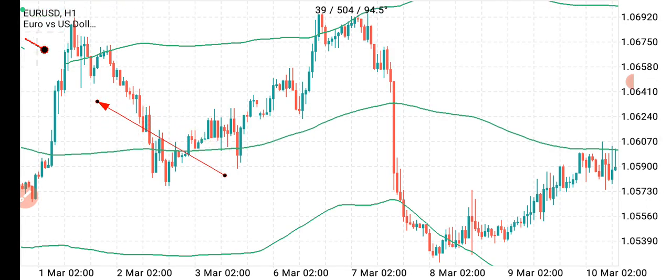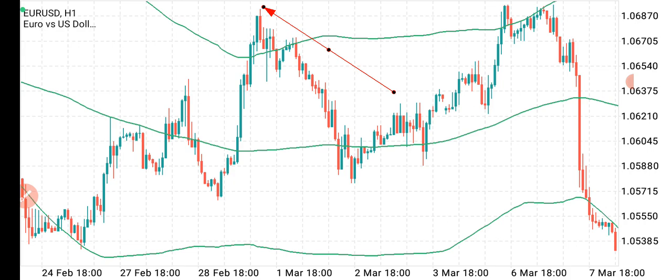Here is your first leg. This is your first leg. So you will wait for the second leg formation. So the price will always return. It doesn't matter how long, but we are sure it returns, and then you are on your way down.